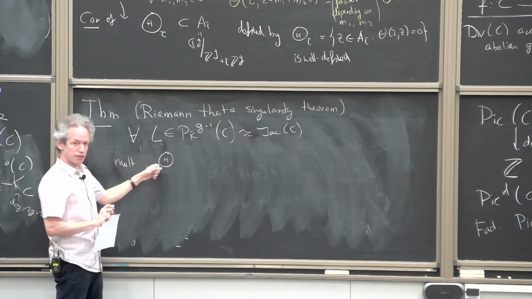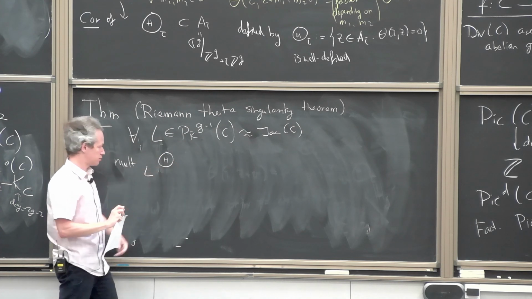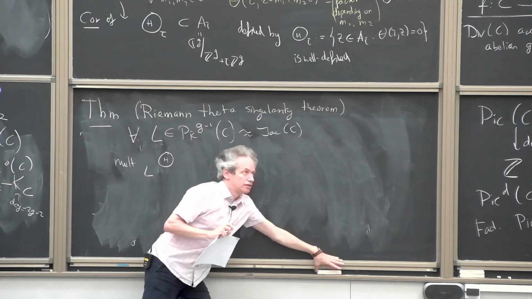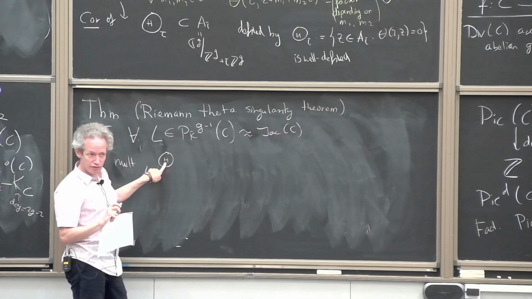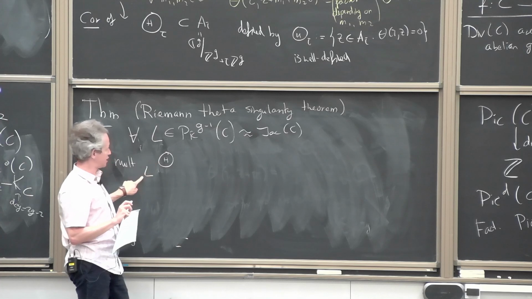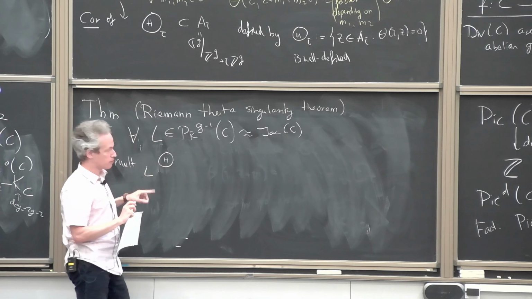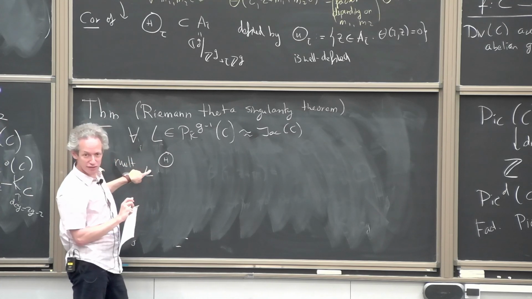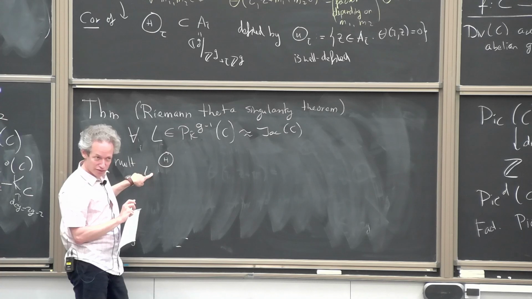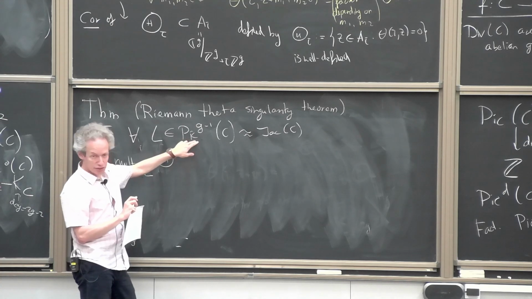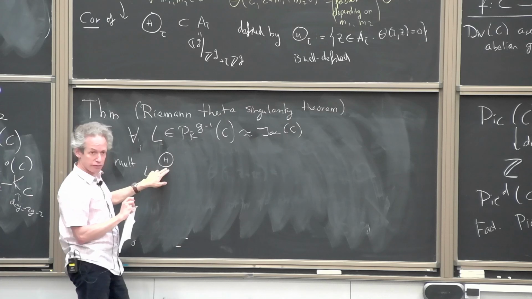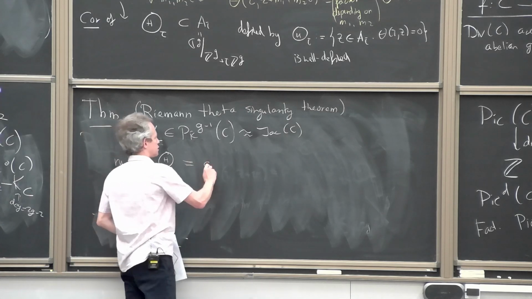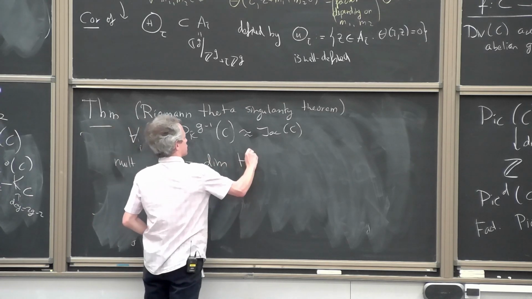It makes perfect sense to compute the multiplicity of a divisor theta in the Jacobian at a point corresponding to L. This is a bit confusing because this is a line bundle on a curve, but this line bundle is a point in the Jacobian. At this point of the Jacobian, I can take the multiplicity of this. And the answer is that this is just the dimension of the space of sections.